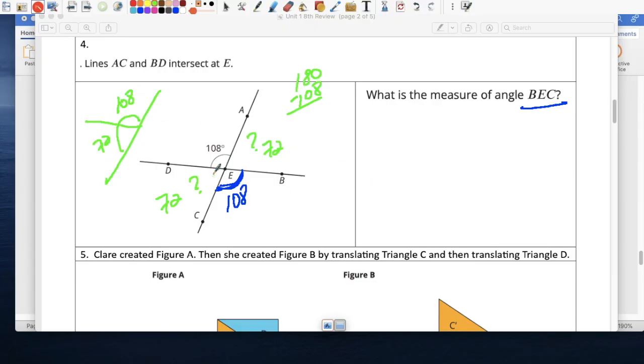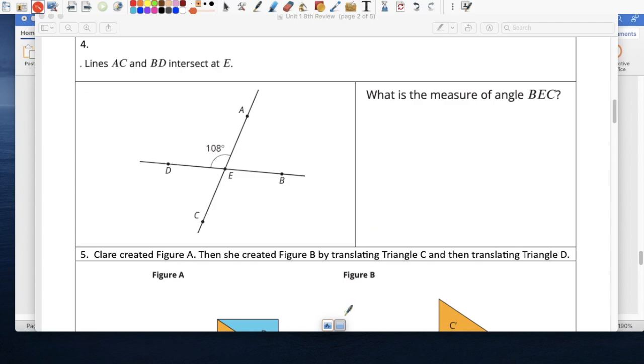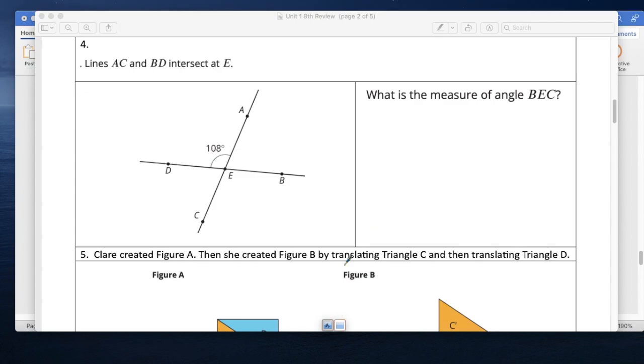If I took these two at the bottom, this is 72, and this is 108. So for any straight line, the sum of the angles is 180. That's very, very handy to know.